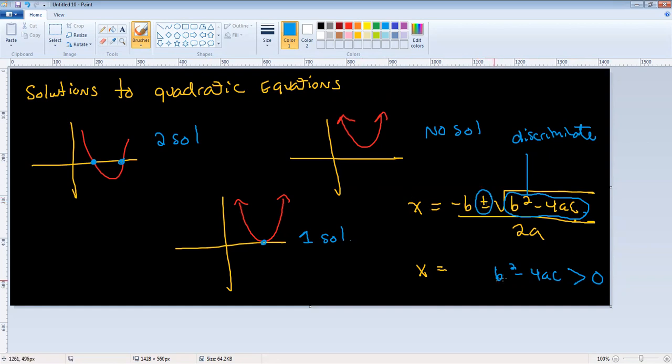So if this is bigger than 0, then this is probably going to be the 2 solution case, isn't it? Wonderful. What if this is less than 0? This is actually a really good question.